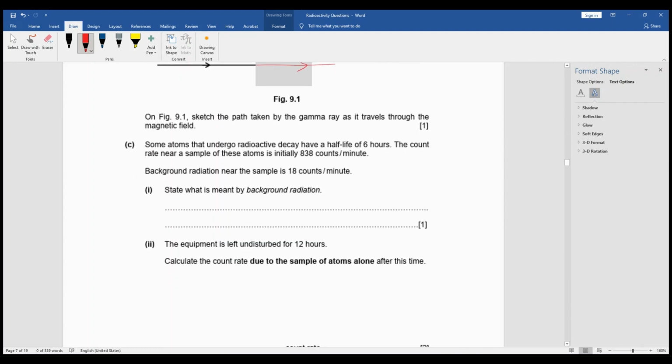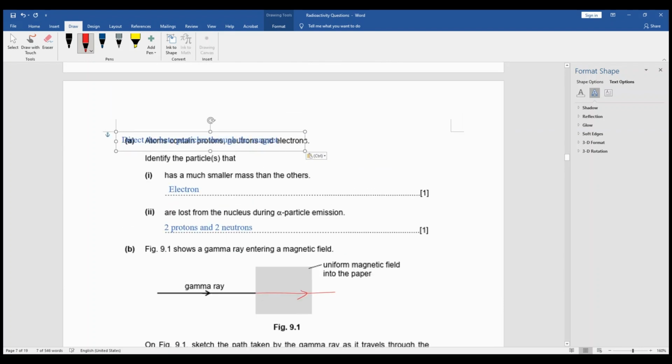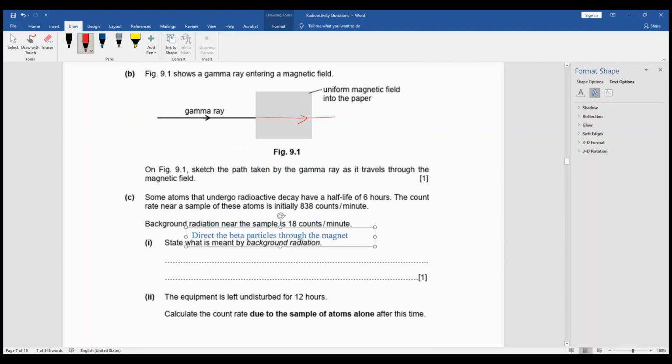Some atoms that undergo radioactive decay have a half-life of 6 hours. The count rate is initially 838. Radiation near the sample. Okay, again, what is background radiation? See how the question keeps repeating itself in a way or another. Also, it helps to actually know what is background radiation. So what is meant by background radiation? Nuclear radiation.